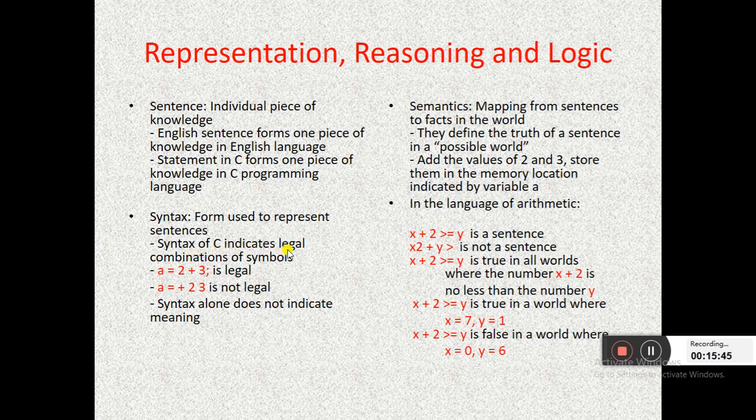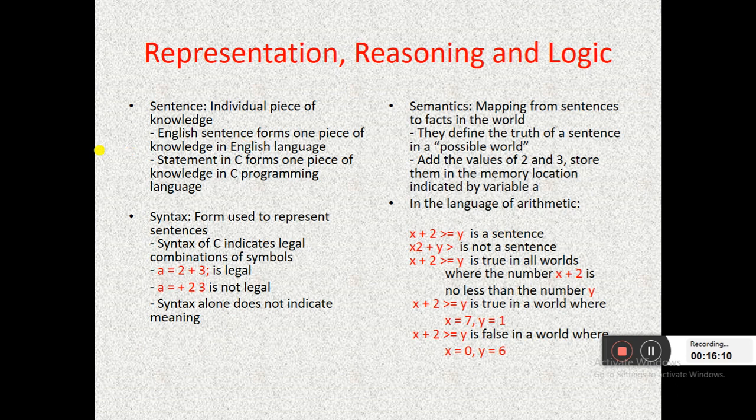Syntax of C indicates legal combinations of symbols, like A = 2 + 3 is legal, but A = + 2, 3 is not legal. So this is the syntax. We must consider the syntax of any language or any formula.